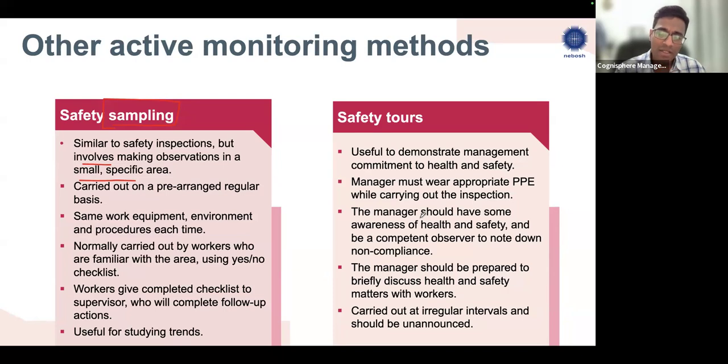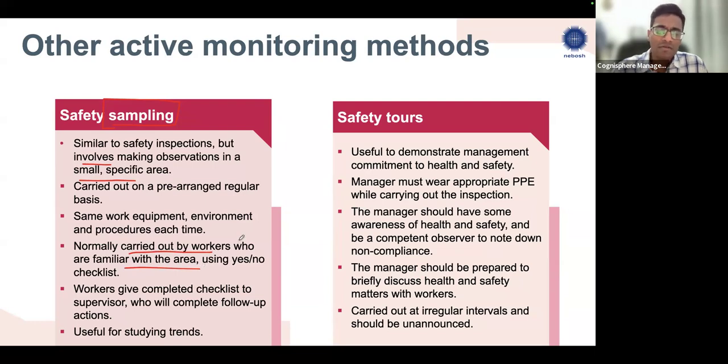So if, among those 30 fire extinguishers, 10 are in critical condition, then again it gives you a clear assumption that most of the other extinguishers also need replacement. It is carried out on a pre-arranged regular basis and normally by workers who are familiar with the area, using a yes/no checklist.